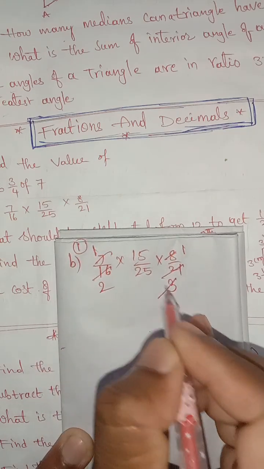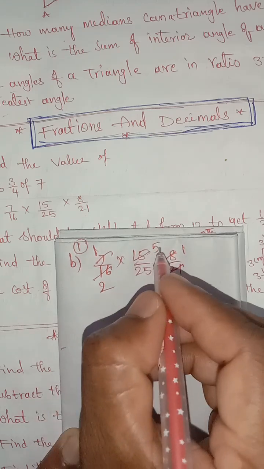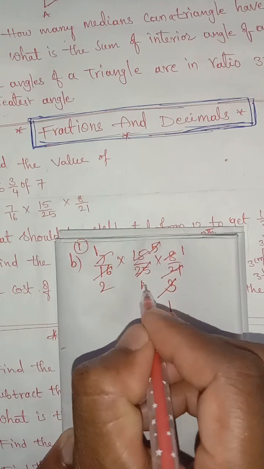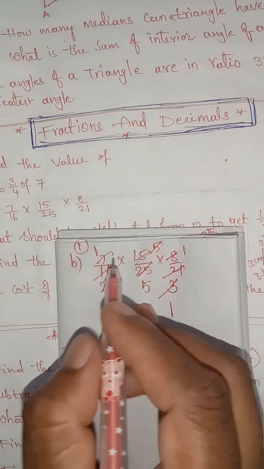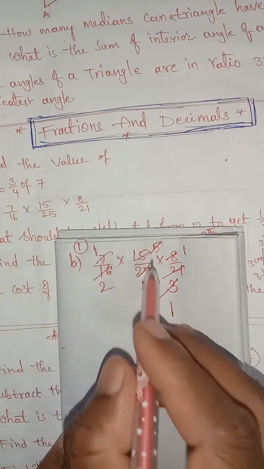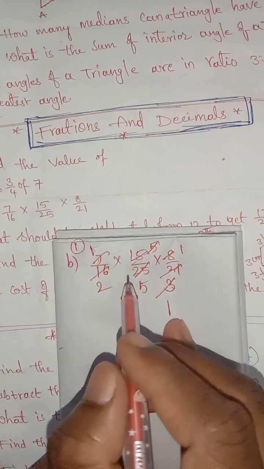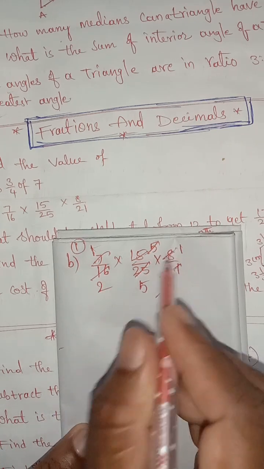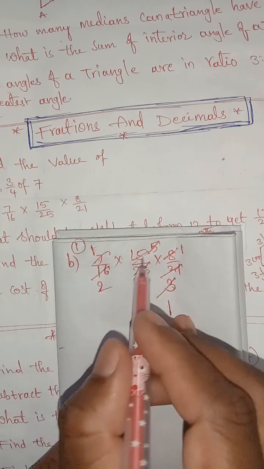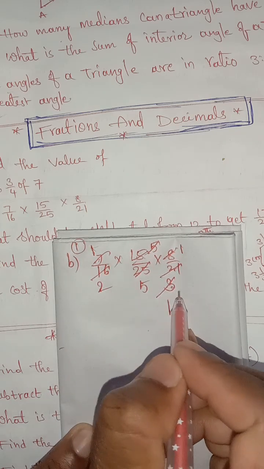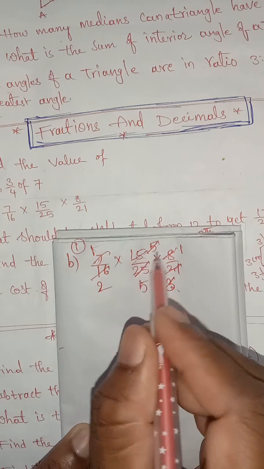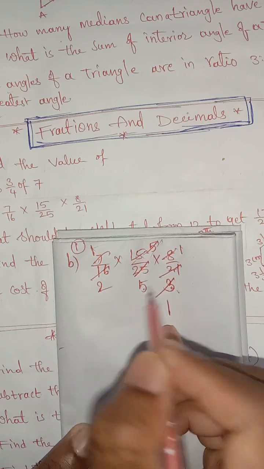Next, 3 ones are 3, 3 fives are 15, 5 ones are 5, 5 fives are 25.